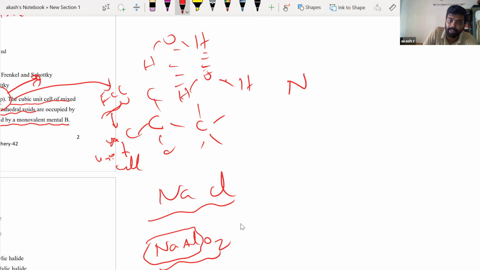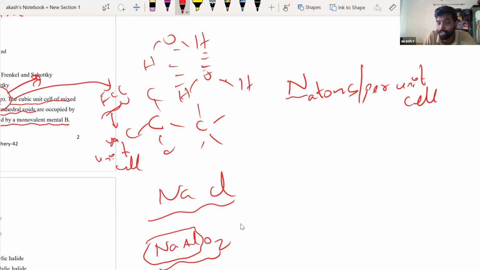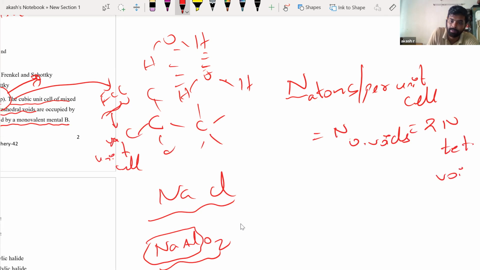If I have n atoms per unit cell, I will have n number of octahedral voids and 2n number of tetrahedral voids.